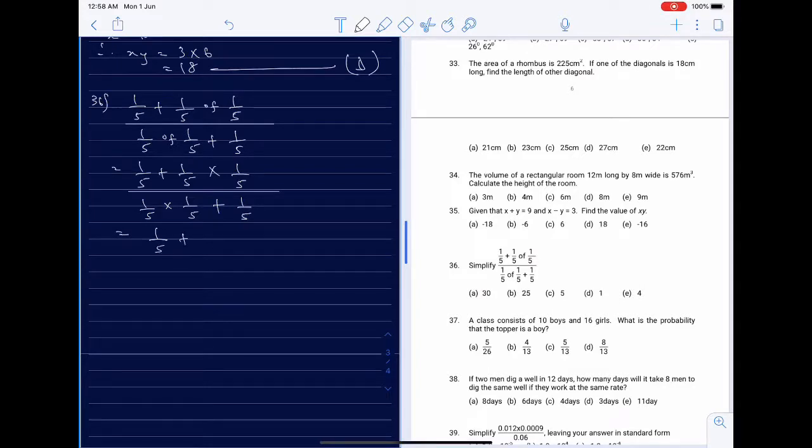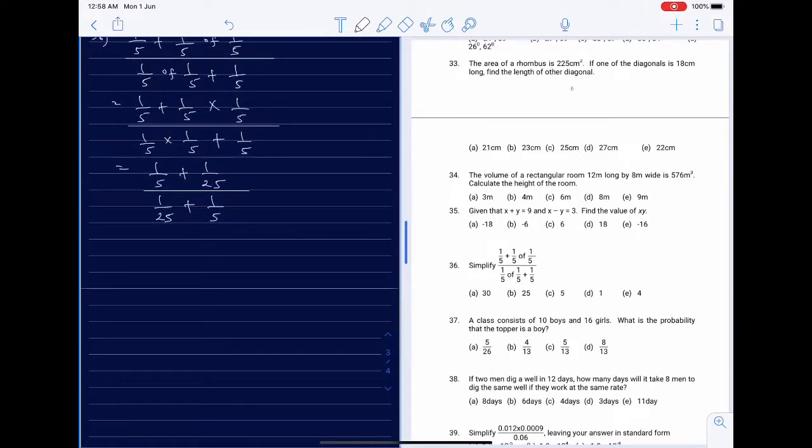And now that means 1 over 5 plus 1 over 25, divided by, that's all over 1 over 25 plus 1 over 5. And this simply means, what's the LCM?